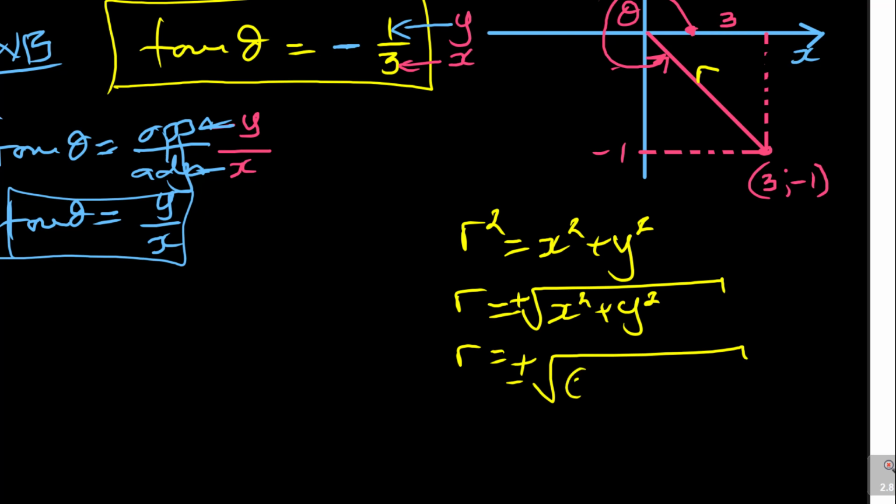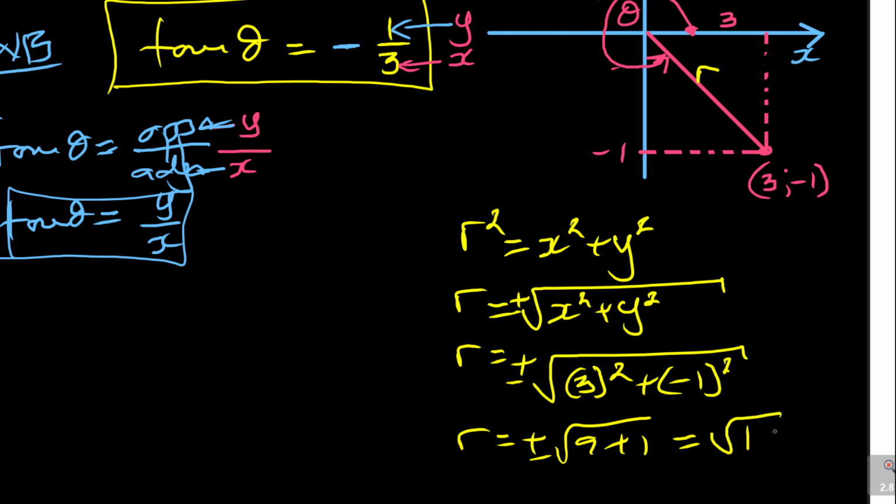Remember x is positive, it's 3 squared, plus y is negative 1 squared. And then if you do that, r is equal to plus or minus, 3 squared is 9, so it's square root of 9 plus 1. r cannot be negative, r is always positive, which is square root of 10. So here you have got r being square root of 10.